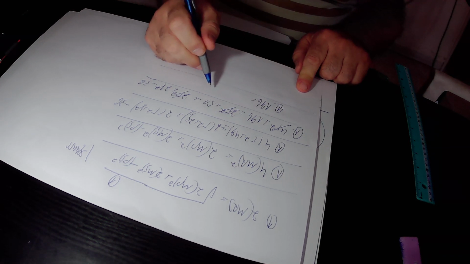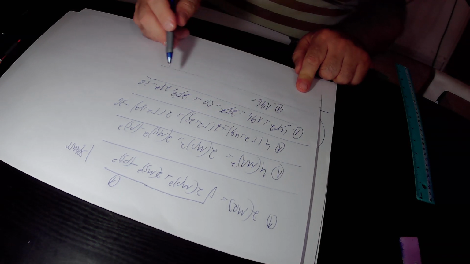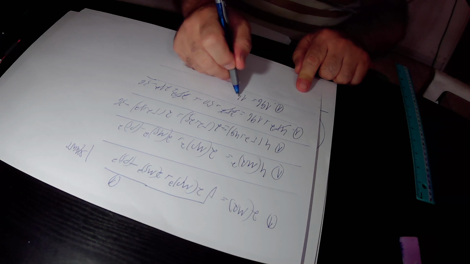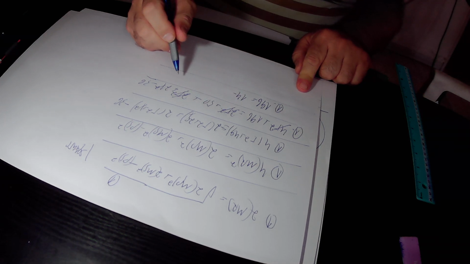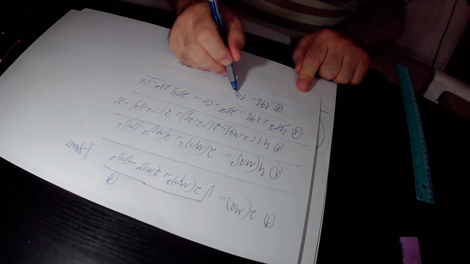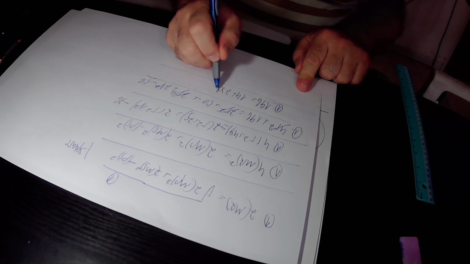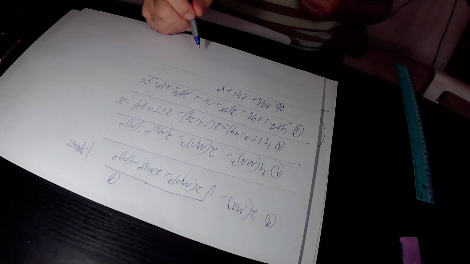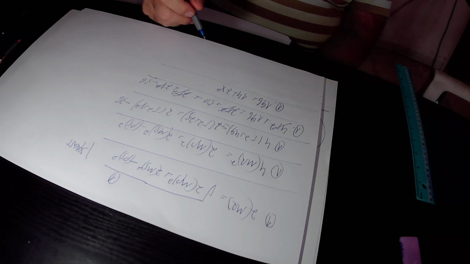On the other side, we have 50 minus 36 is 14, and we also have plus 2x squared. So in total, 196 equals 14 plus 2x squared.